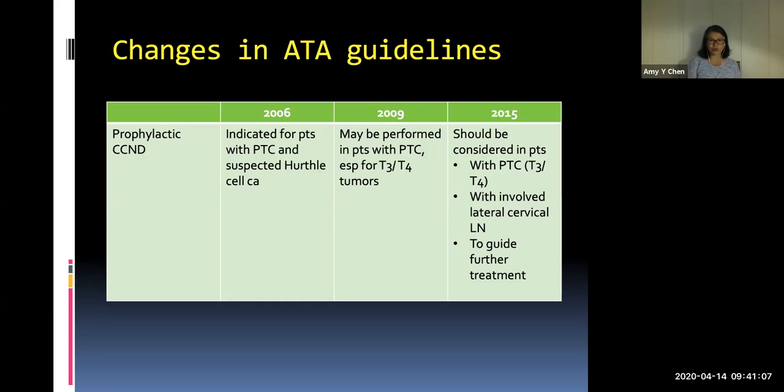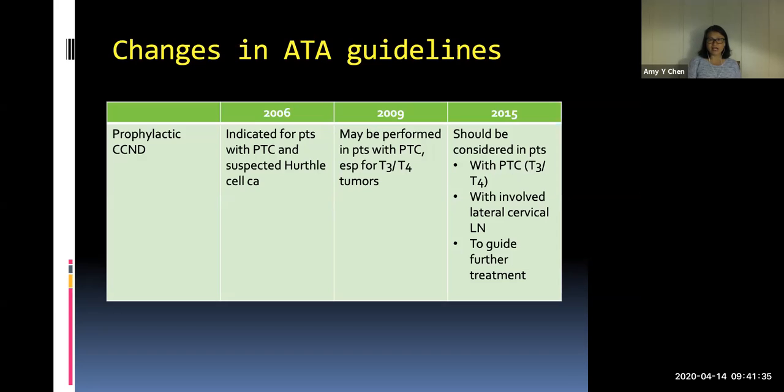It's a very low risk tumor. And doing a central lymph node dissection has its own share of complications, which doesn't really outweigh the benefits of doing a central lymph node dissection. And then they would reference the 2006 guideline, but it says that you're supposed to do it. And so it became sometimes an area of contention for the surgeons and the endocrinologists.